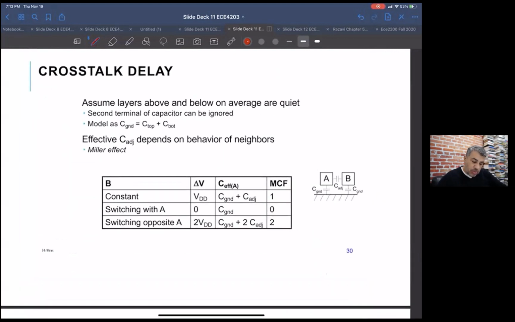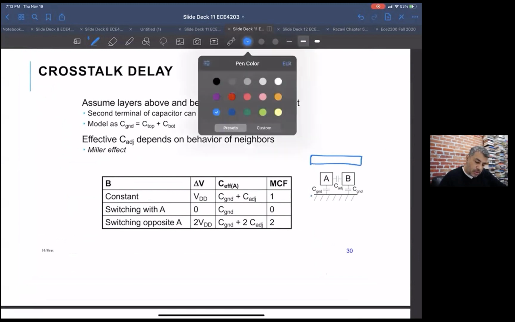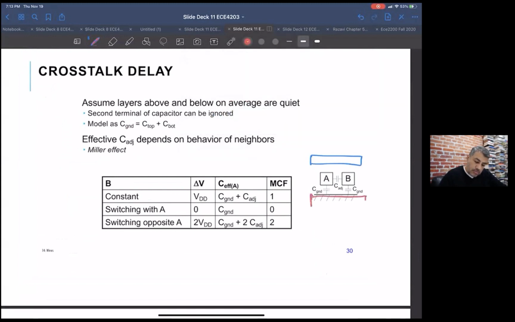Okay, so let's say that there are the layers above and below. So typically what happens is you have some layers here, you have some other layers here. Let's say they don't do anything.